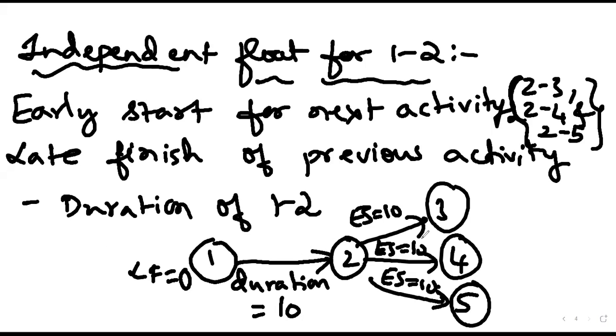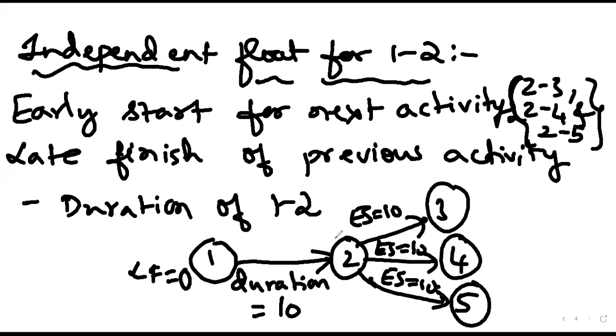For this activity, I have written the explanation. From the next activity onwards, I will directly write the answer. In this case, the independent float will be equal to 10 minus 10 minus 0.